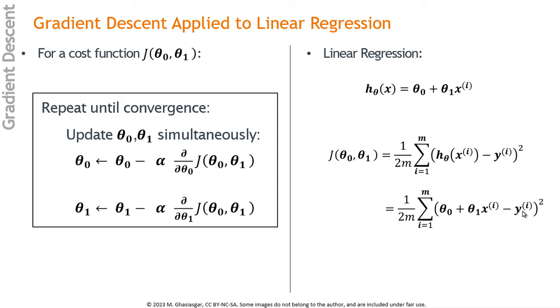So if you do that exercise and write out all these terms, what you'll get is the general quadratic function of two variables. It's a polynomial in two variables, and the highest degree is 2. So you have theta 0 squared terms, theta 1 squared terms, and theta 0 theta 1 terms. That's called a quadratic function of these two variables.